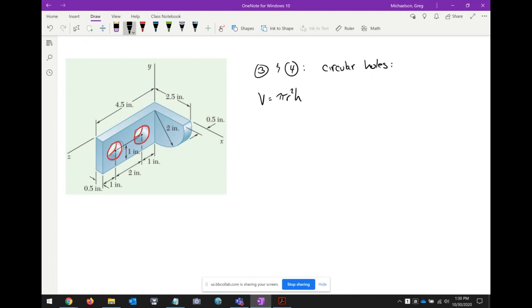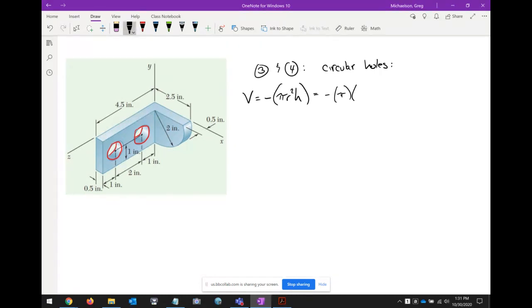But now hold on, I'm doing something wrong here, because the volume equals negative pi r squared times h. And why is the volume negative? Because it's a hole. We're removing that material from the part. So it's negative pi r squared, where r is the radius. What is the radius of these?